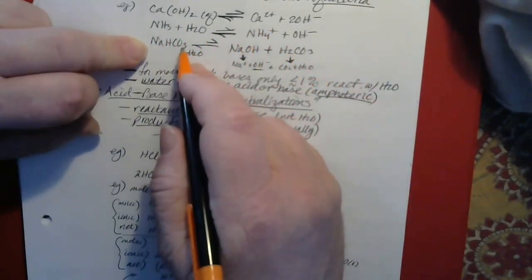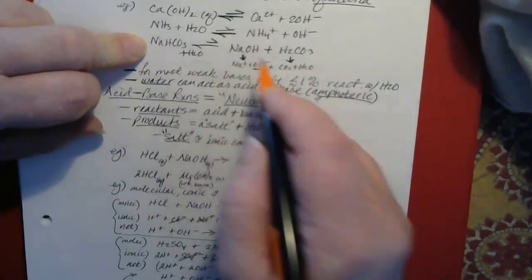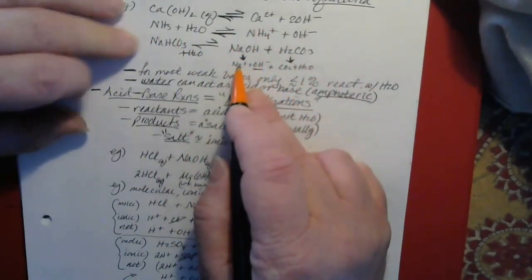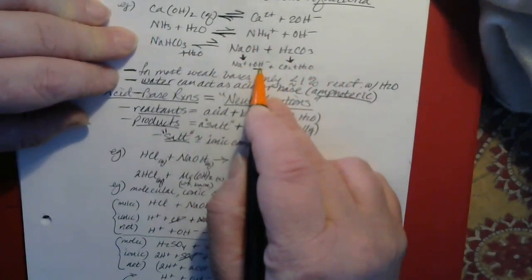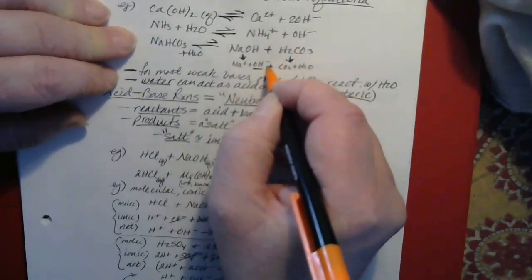And sodium bicarbonate and water will react to form sodium hydroxide, which again is present as sodium ions and hydroxide ions, and also carbonic acid, which is unstable in water and immediately dissociates into carbon dioxide and water.